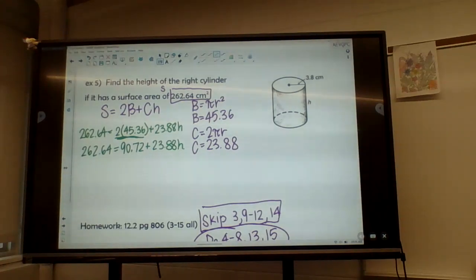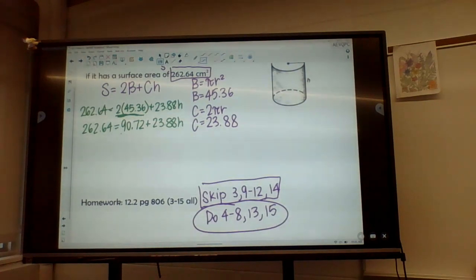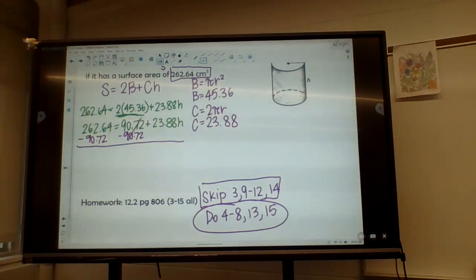Yeah, we have to move that over, and when numbers get more complex we get overwhelmed and do things we shouldn't, so we subtract it over because it's being added to the term with the variable.